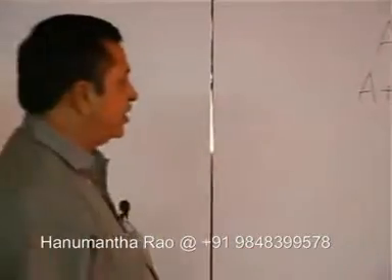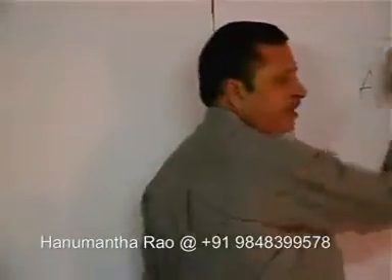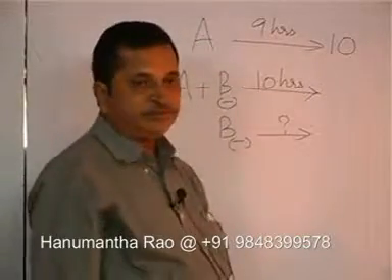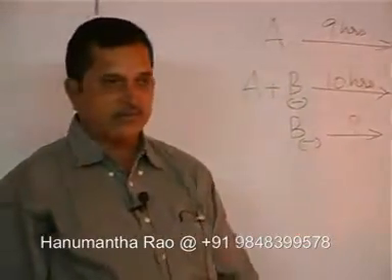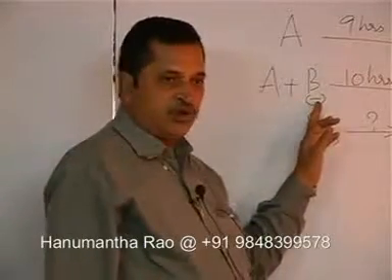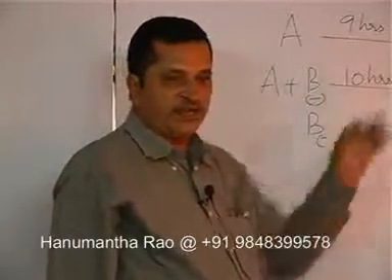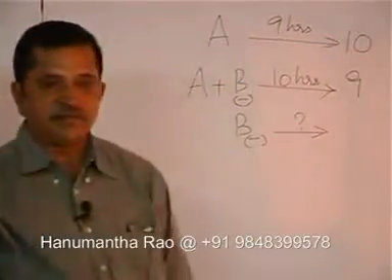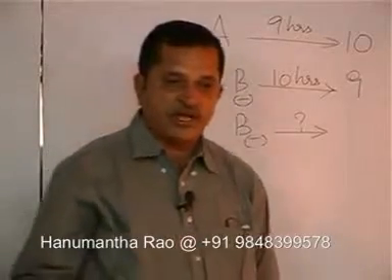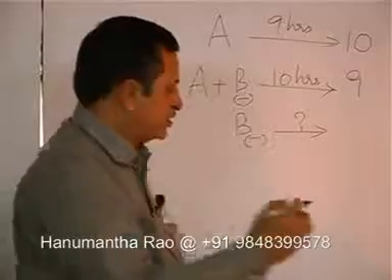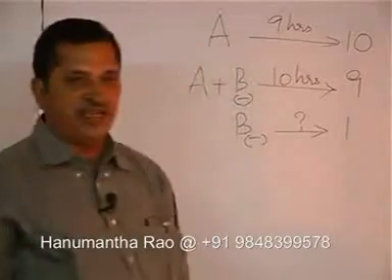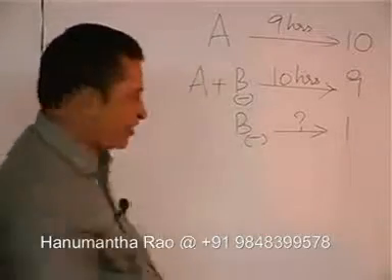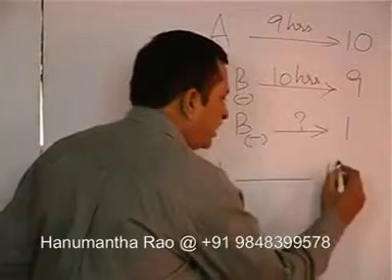A, in 9 hours it is filling 90 units means 1 hour it fills 10 units. But when the leakage is opened, instead of 10 units, how many units are filled in 1 hour? 9 units. So how many units are going out per hour? 1 unit. So B capacity is, it will vacate 1 unit in 1 hour.